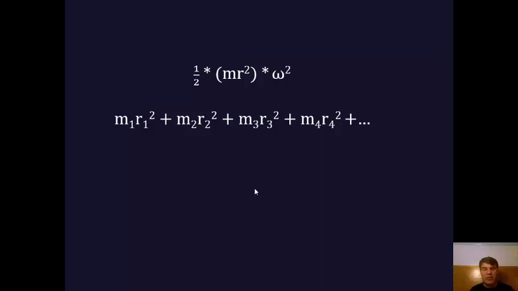In calculus, we write that in summation notation. So we can say that this is the sum of all the masses times all the radiuses squared, and that I, basically, includes all of them. The infinite number of infinitesimal little point masses that make up that solid sphere or whatever.